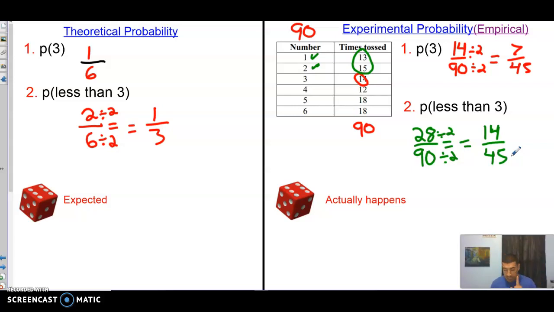Now let me make something very clear. Some of your questions in Schoology don't want the answer as a fraction. Some of the questions want a percent. So let me show you how to convert the fractions into percentages. Let me go back to 1/3 to show you how you change 1/3 into a percent.